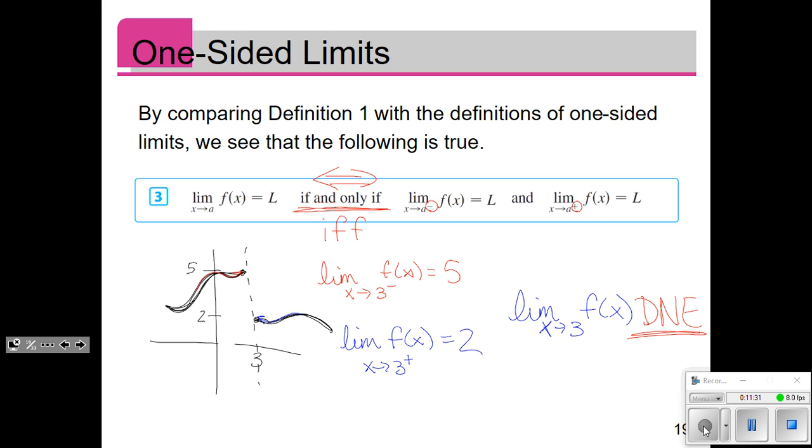Your left and right hand limits have to be the same at a particular point for there to be a hard limit without a direction arrow. Does that make sense? They have to be the same. Coming from either direction, they'd have to equal the same number for there to be a hard limit without a direction. Does that make sense? Okay.